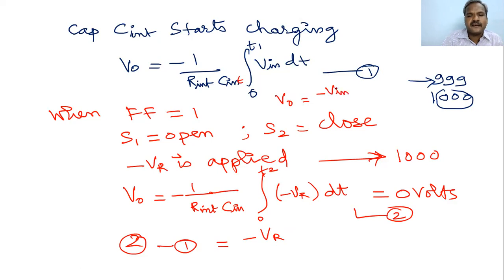Actually, the integration of the first gives V naught equal to minus V in T1 divided by R int C int. Sorry, so this happens to be equation number 3.